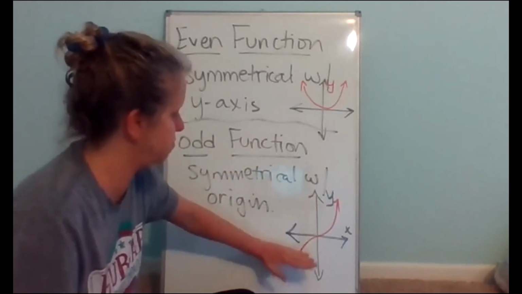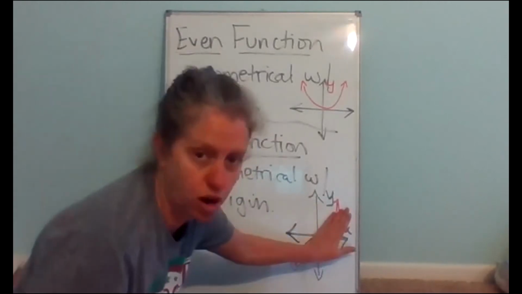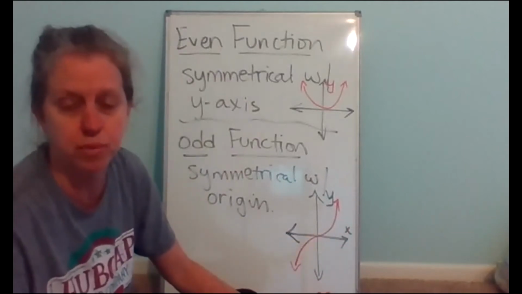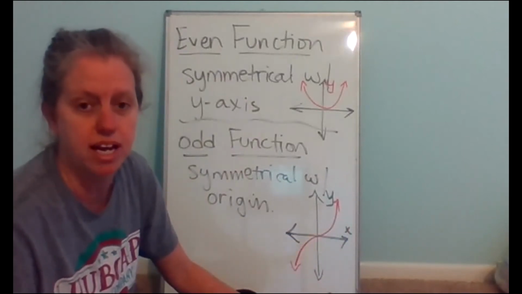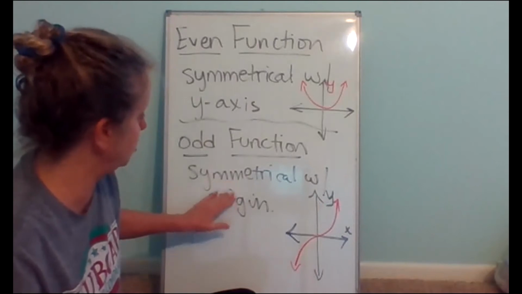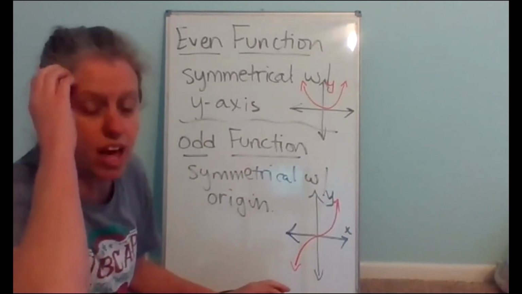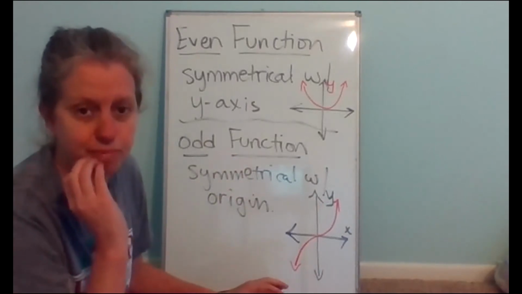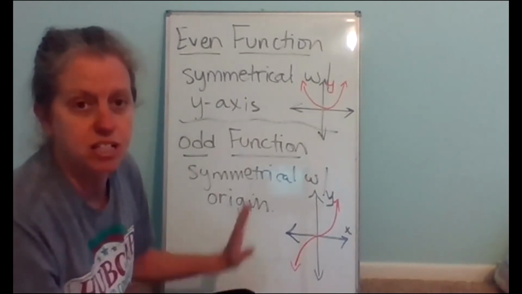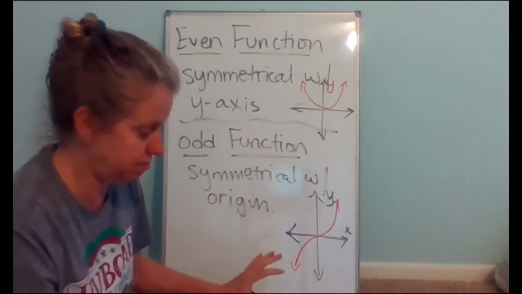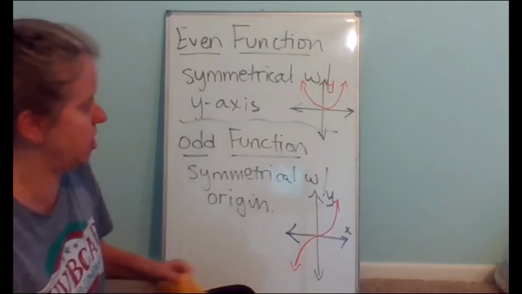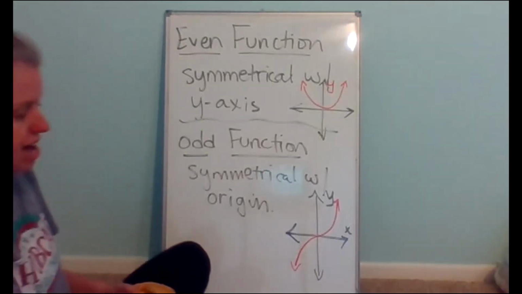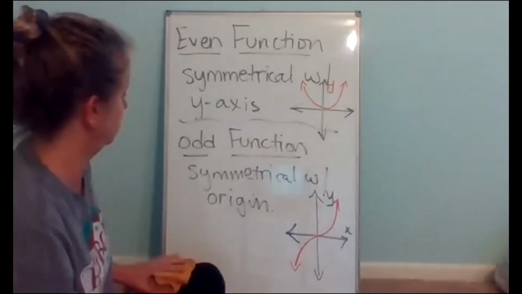Or in other words, if I flipped it across the x and then across the y, that would be symmetrical with the origin, or we can call that an odd function. So let's use this information to look at the graphs on number 4 and number 5 from this assignment.